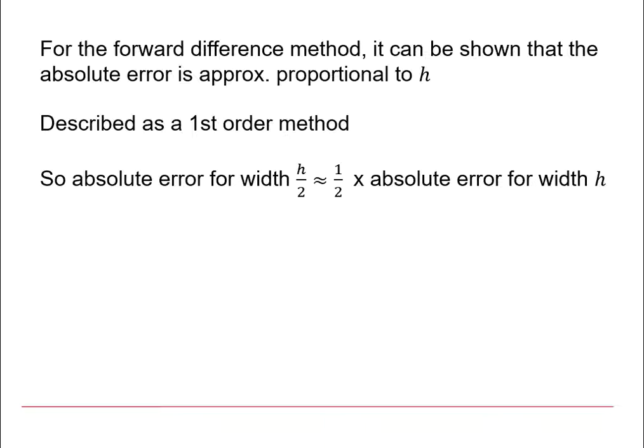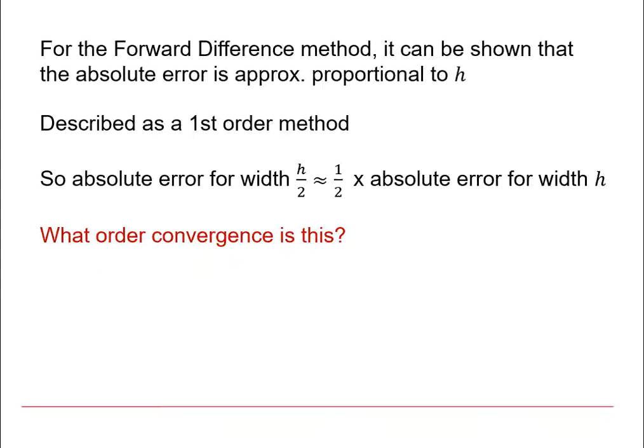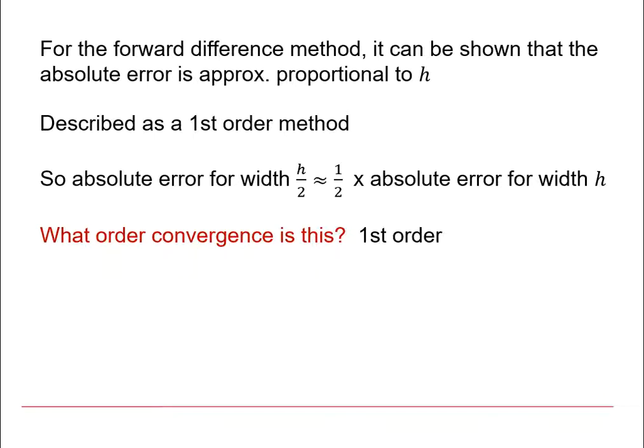In that case, for the trapezium method and the midpoint method, we had a constant k of a quarter, so this time k is a half, so otherwise it's exactly the same. And of course that would be described as first order convergence in exactly the same way as for numerical integration.